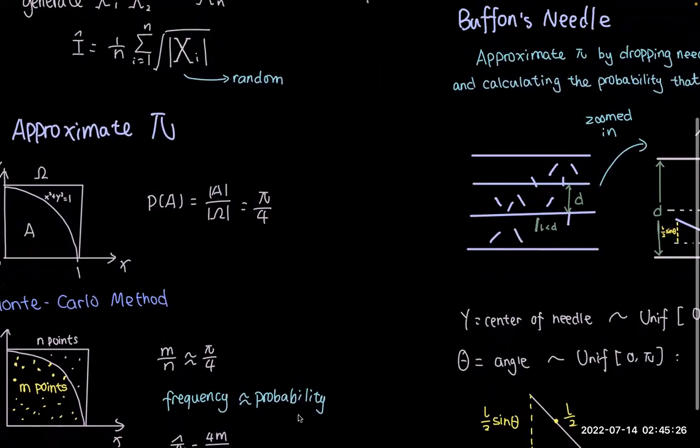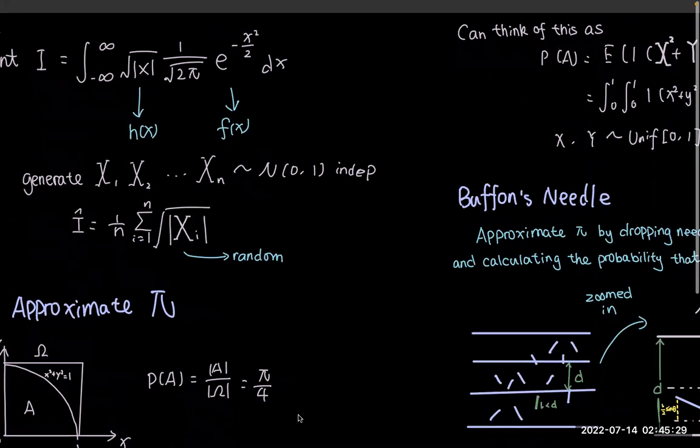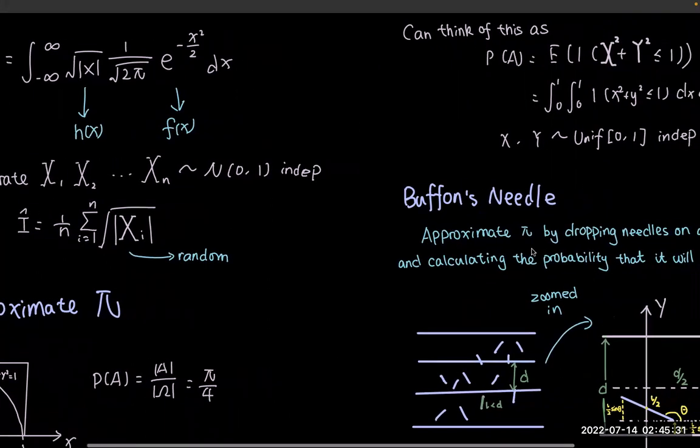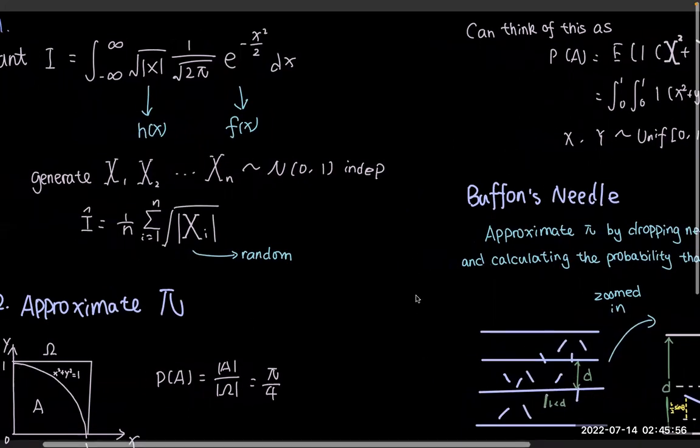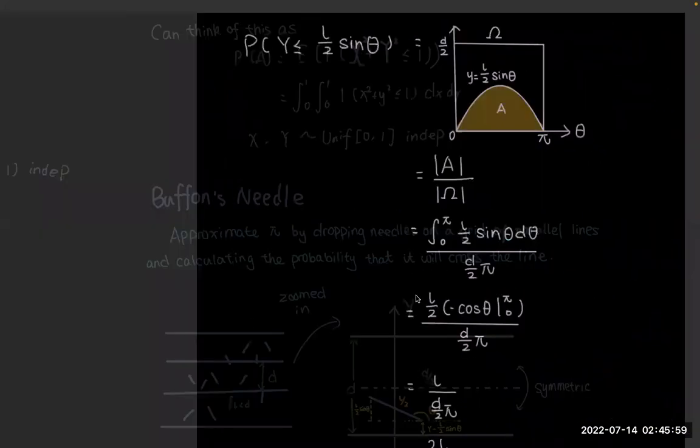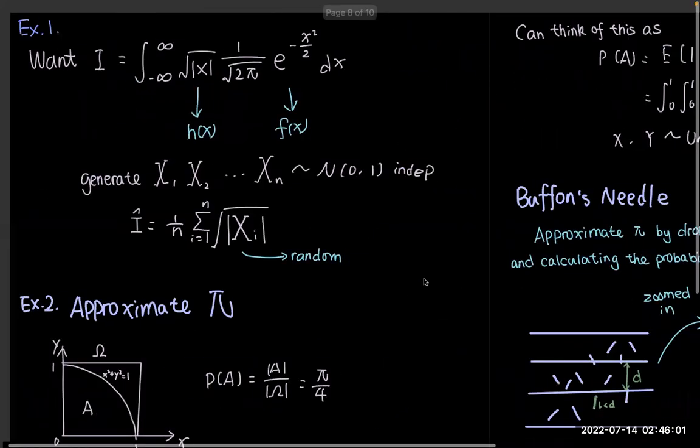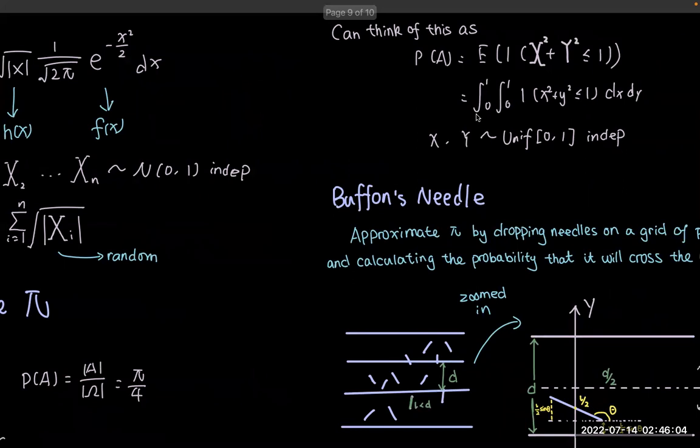Okay, so this is the Monte Carlo method, and you can think of this probability of A as the expectation of this indicator function that x squared plus y squared is less than or equal to 1. So x and y is a random point in the unit square. x is the x coordinate, y is the y coordinate, and x squared plus y squared less than or equal to 1 means that (x, y) is below this curve, or (x, y) belongs to this A. Therefore, this is an expectation, and this expectation can be written as an integral, right?